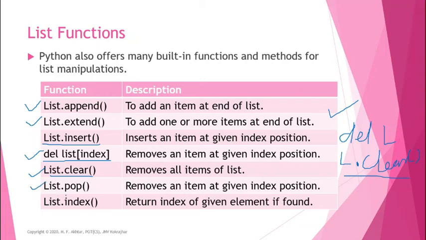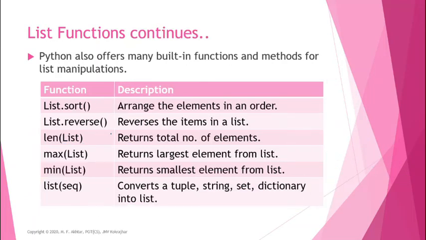The pop function is used to remove an element from the given index. With the index function, we give any number or data, and it tells you the index number where the data is stored in the list. The sort function arranges the values in the list in ascending or descending order.